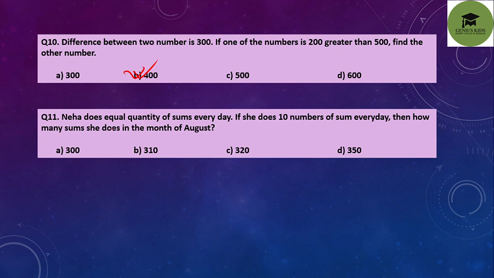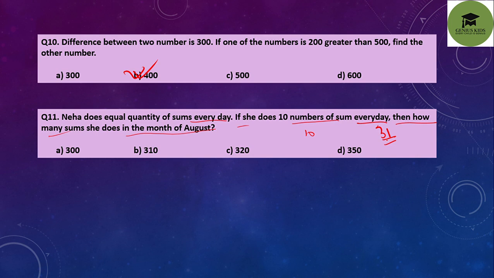Neha does an equal quantity of sums every day. If she does 10 sums every day, then how many sums does she do in the month of August? So every day Neha does 10 sums. How many days are in August? There are 31 days in August, not 30.